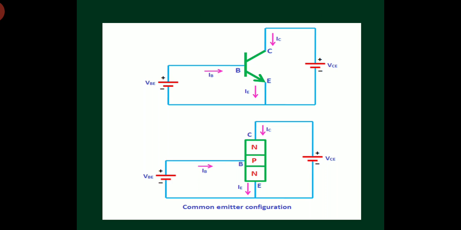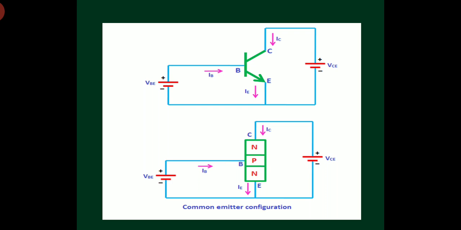As we are sandwiching p-type semiconductor in between two n-type semiconductors, this is called an NPN transistor. If I sandwich n-type semiconductor between two p-type semiconductors, it forms a PNP transistor.